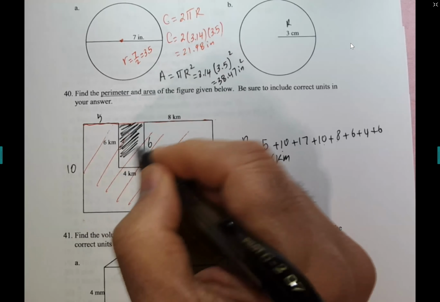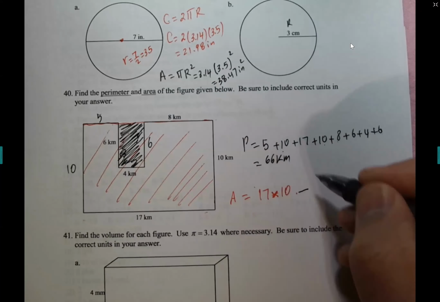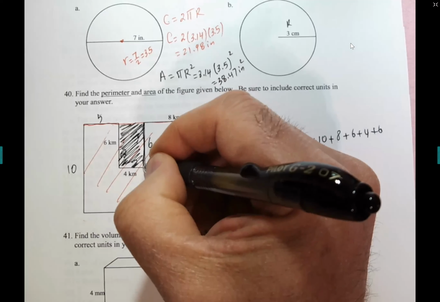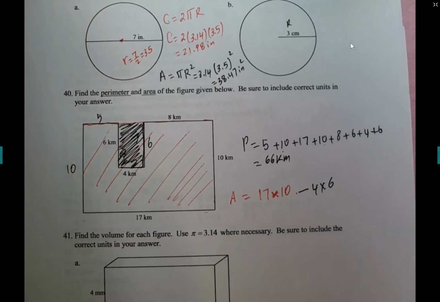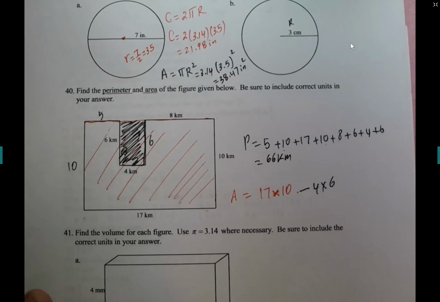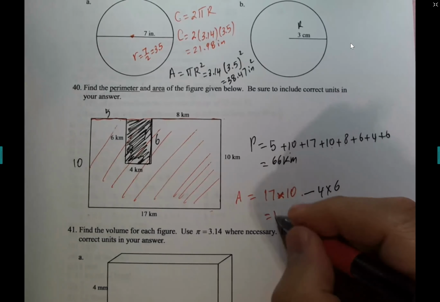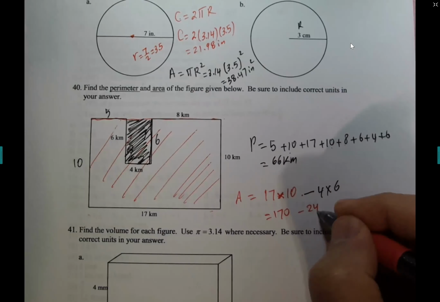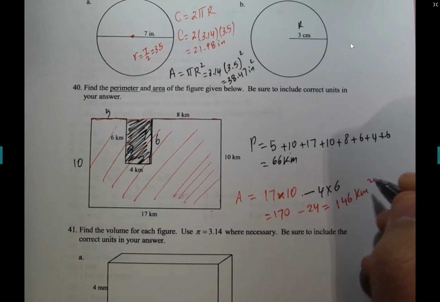That's outside. So we subtract this area. What's the area of this? 4 times 6. So 170 minus 24, which is 146 kilometer squared.